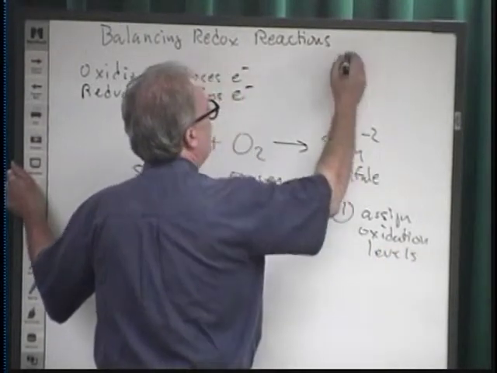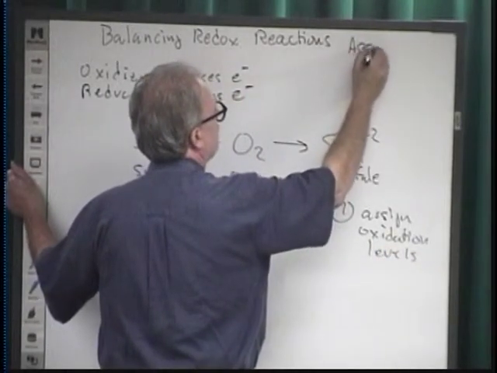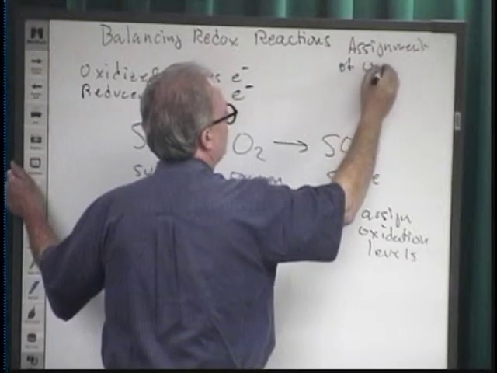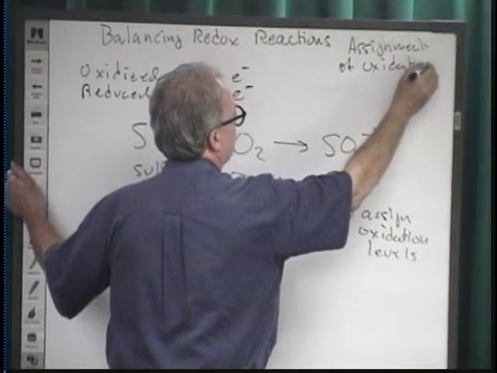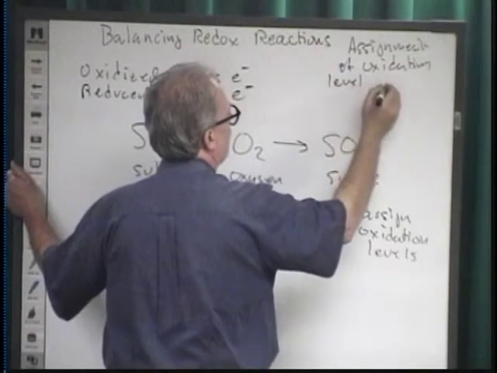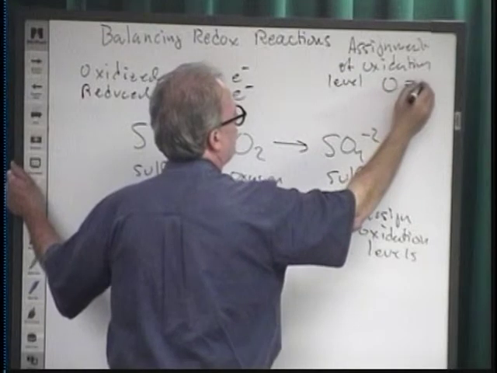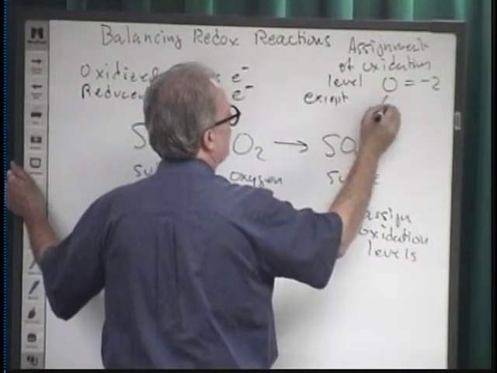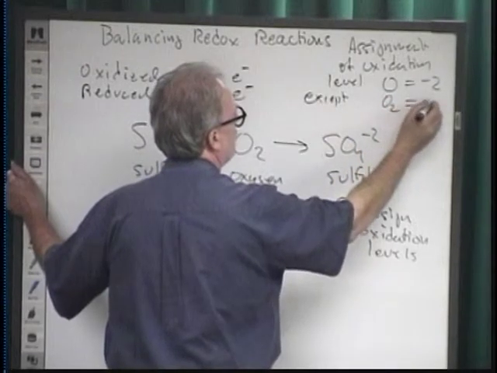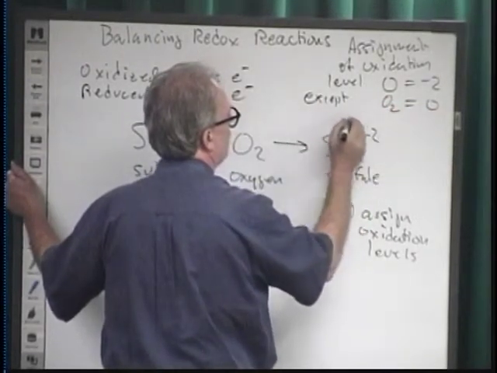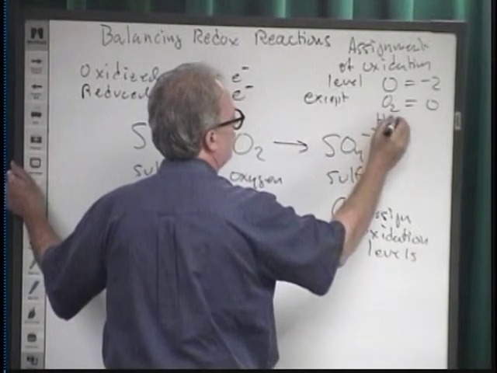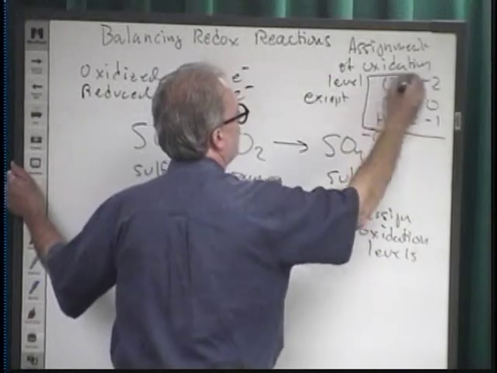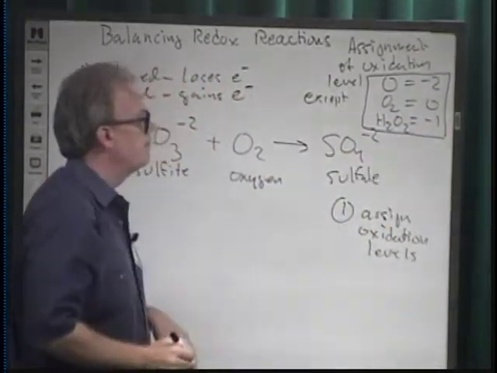We're aided in assignment of oxidation levels by the rule that oxygen always has an oxidation level of -2, except for molecular oxygen where the oxidation level is 0, or peroxide, something like H2O2, where the oxidation level is -1.